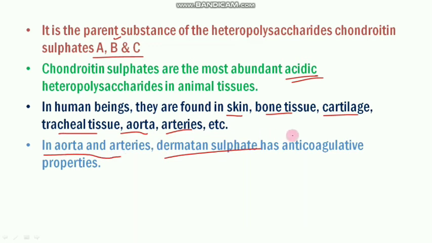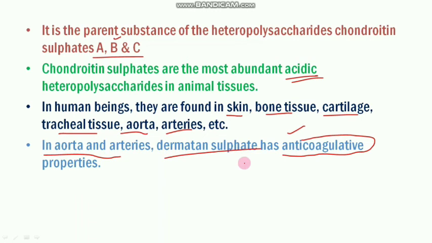In case of aorta, we can see a specific function done by the chondroitin sulfate B. That is, it acts as an anticoagulant. Dermatan sulfate, otherwise chondroitin sulfate B, has anticoagulative properties. We know what is meant by anticoagulative properties.